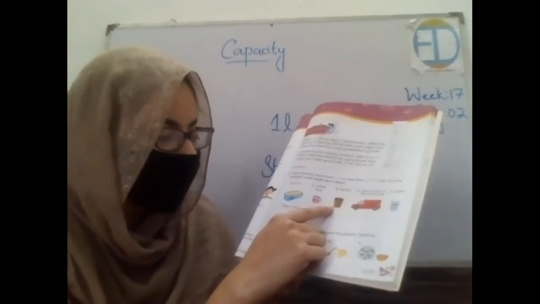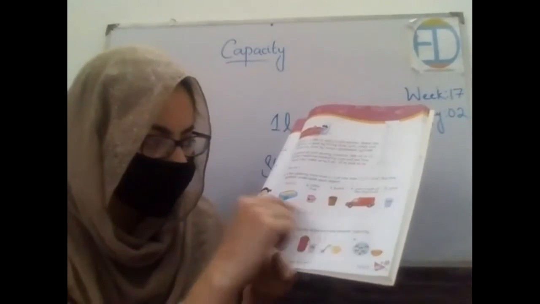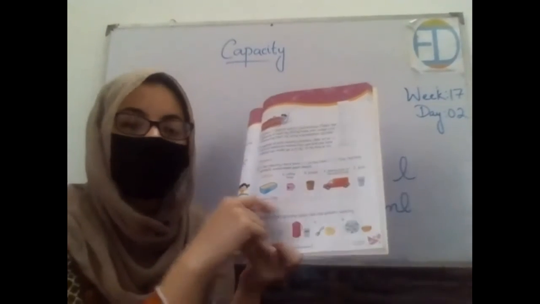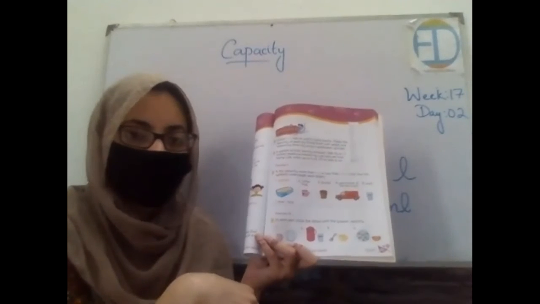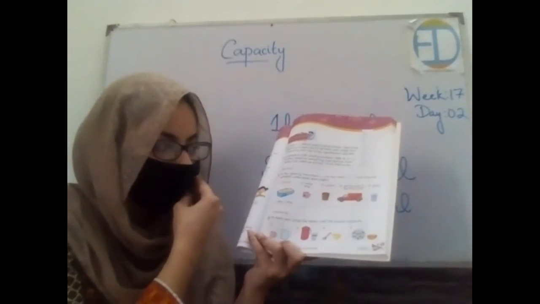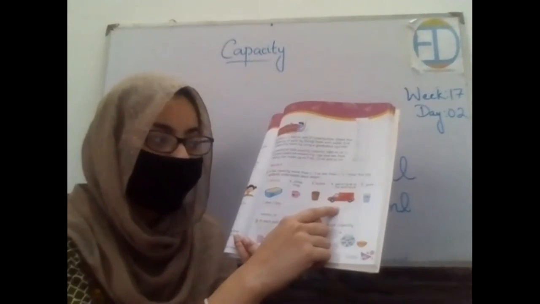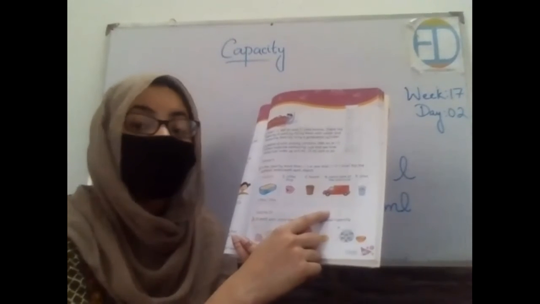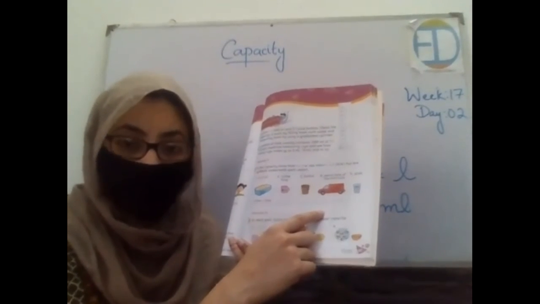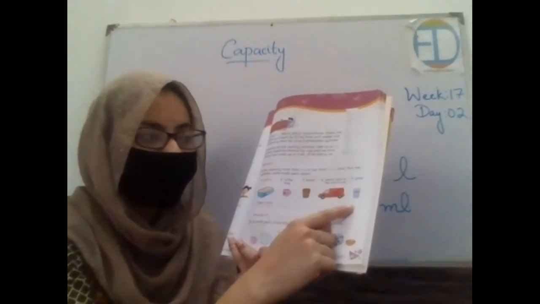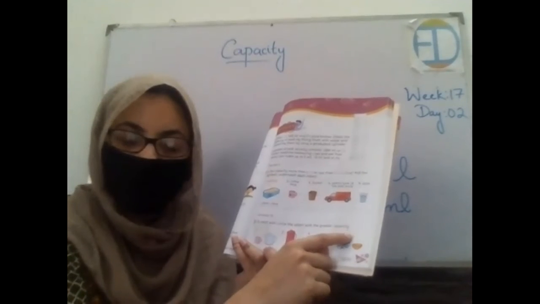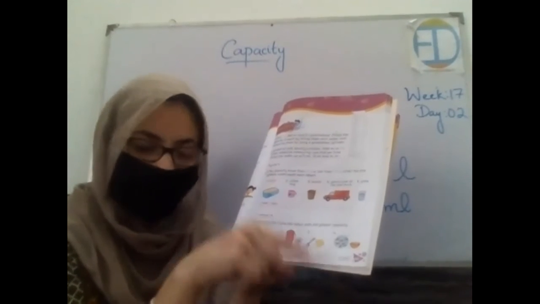Okay, then we have the bucket. A bucket will contain more than 1 liter or less than? More than. Wonderful. What about a petrol tank of the mini truck? Definitely more than 1 liter, right? Then we have a glass. It would be less than 1 liter.